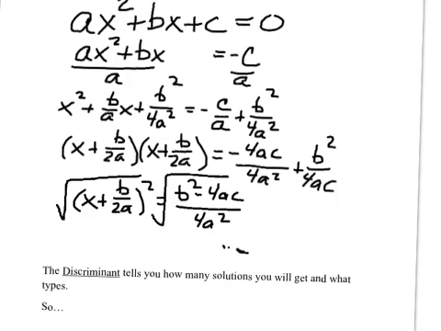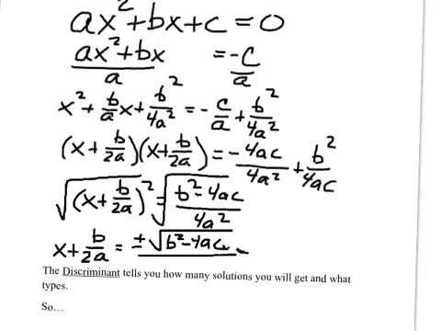Okay, so you get x plus b over 2a equals plus or minus the square root of b squared minus 4ac all over, down here you get 2a. Okay, almost done. Sorry, it's getting a little squished.